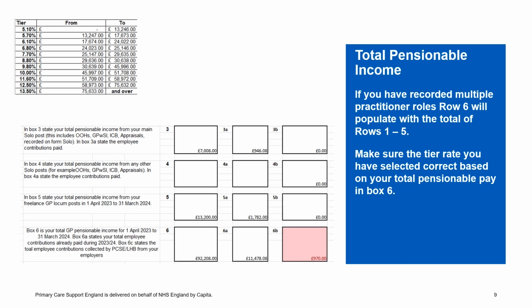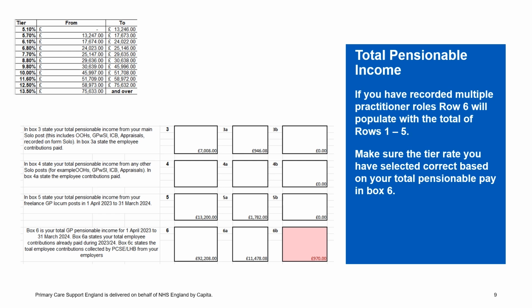So if you have recorded multiple practitioner roles, then the boxes in row 6 will populate with the total of everything that's been entered in rows 1 to 5. Always double check the tier rate that you have selected is correct based on your total pensionable pay that has been calculated in box 6.